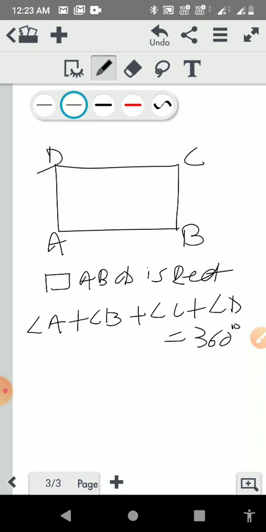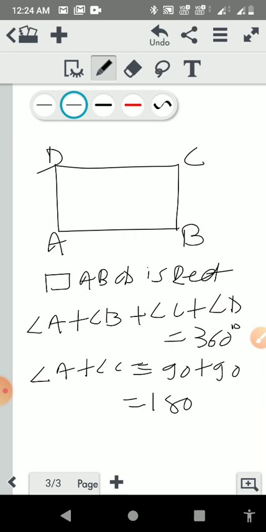Then we can write that angle A plus angle C, where angle A is 90 and angle C is also 90, equals 180 degrees. I will give this as equation number 1.